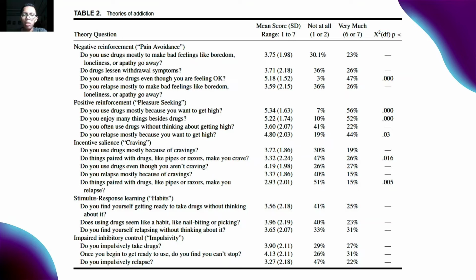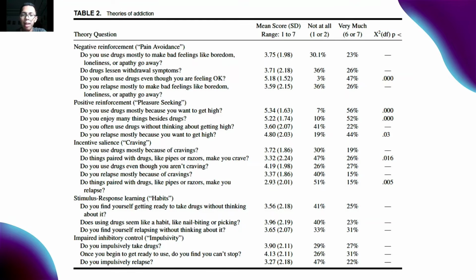Examination of response patterns suggests participants were consistent in their answers. Most, 15 of 18 individuals, who rated stimulus response learning as a very important motivation for using methamphetamine also answered yes to the question, do you find yourself getting ready to take drugs without thinking about it?